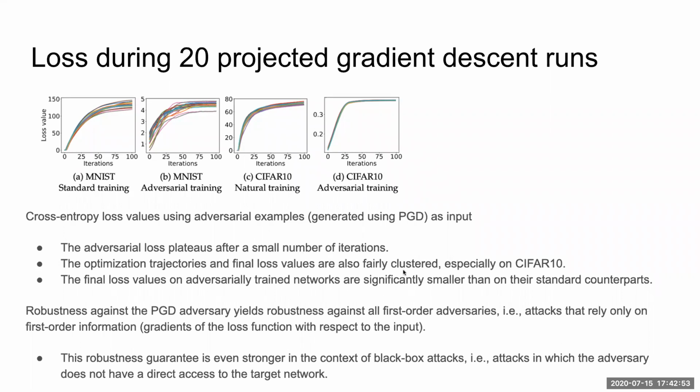So if we look at the diagrams up here, we've got two data sets that they worked with, MNIST and CIFAR10. What they did is they did standard training, so that's training on instances as we would normally recognize. They also did a version of the model with adversarial training.